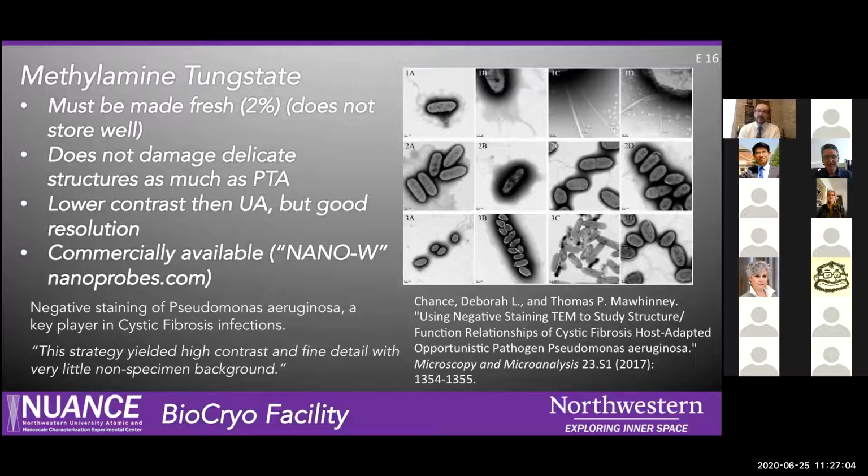It doesn't offer as high a contrast as uranyl acetate, and when you're working with really big bacteria, that's actually a good thing because they can sometimes just look straight up black and white. And again, it's not quite as aggressive as phosphotungstic acid. It doesn't damage the delicate structures as much.